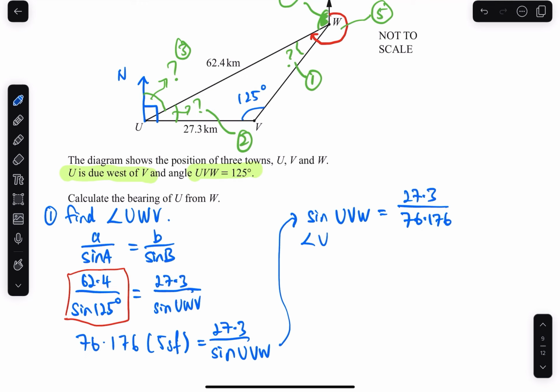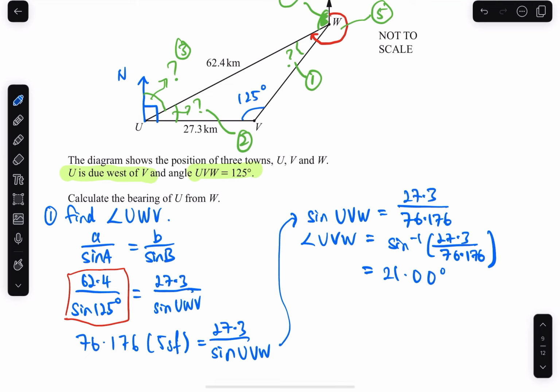So to find angle UWV, I do arc sine of 27.3 divided by 76.176, an inverse sine, and I get 21.00 degrees to 2 decimal places. The final answer for an angle will always be 1 decimal place, but for intermediate working I'll leave it as 2 decimal places. So angle UWV is 21.00 degrees.